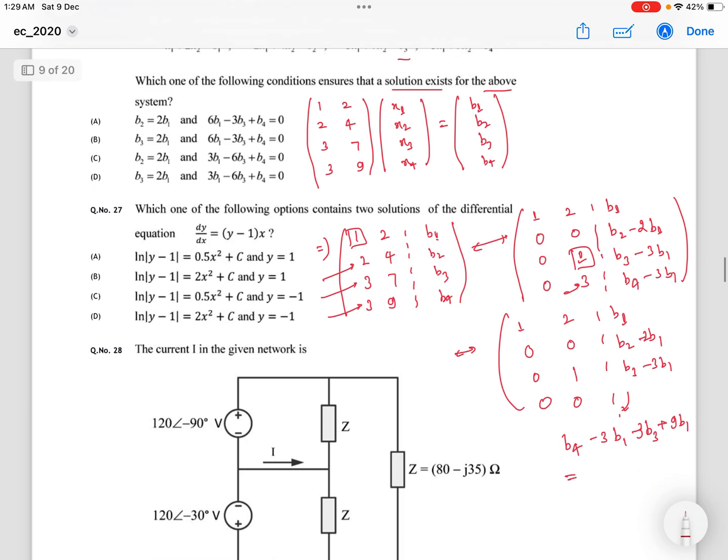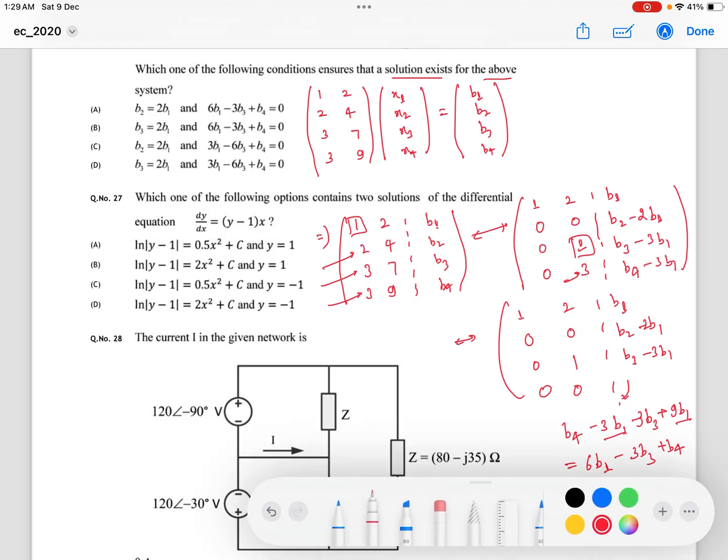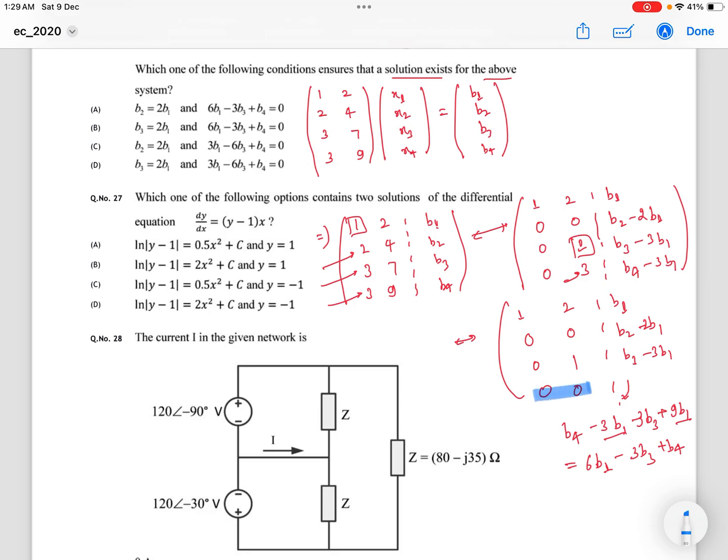So if we do the calculation here, we will have 6b1 minus 3b3 plus b4, right? You see that the left hand side is 0, then this right hand side should be 0, right? And similarly on the left hand side we have 0, then this right hand side should also be 0.